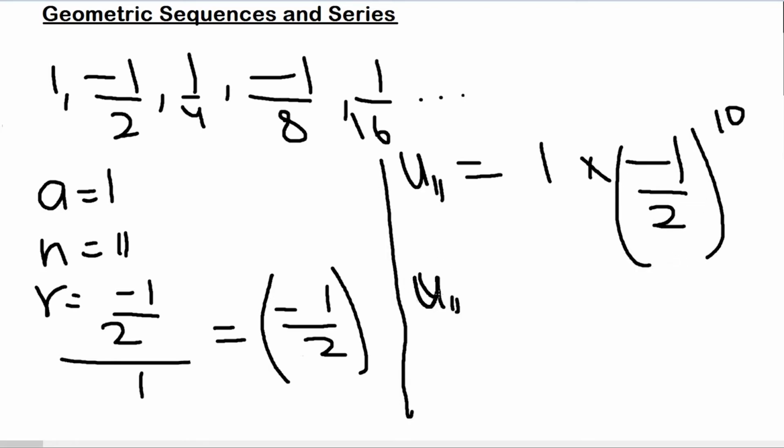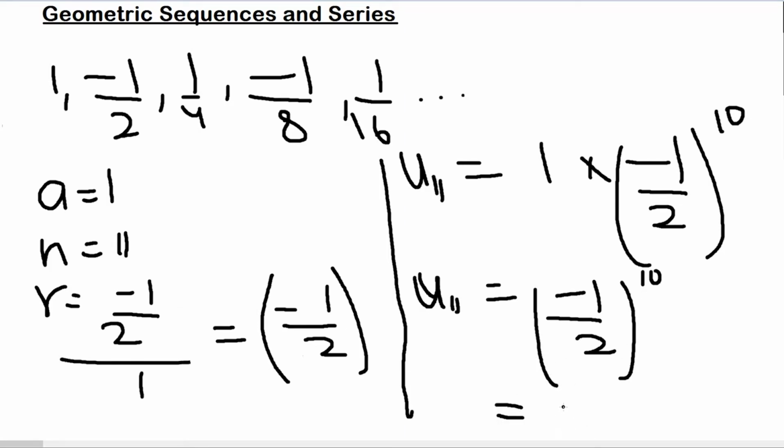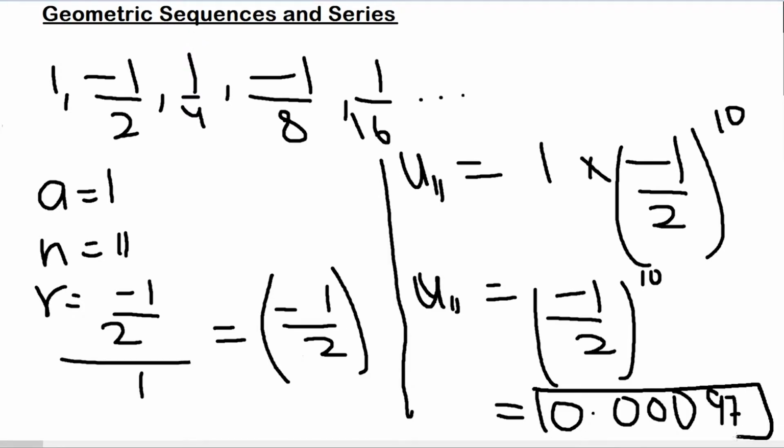So u11 is negative 1 over 2 to the power of 10, which is approximately 0.00097. You can give your answer as a fraction as well, but I like putting mine in decimals. Unless specified by your teacher, you can put it in pretty much anything.